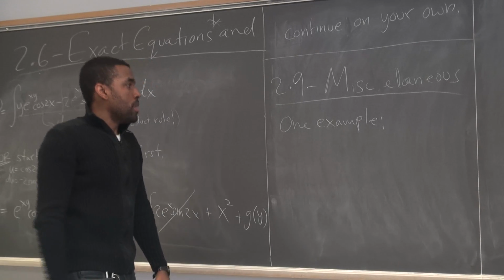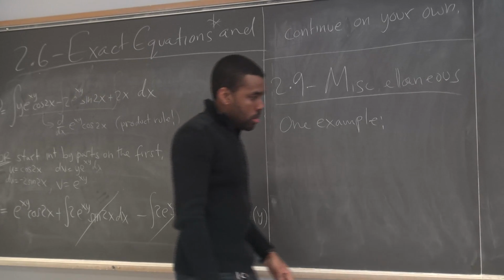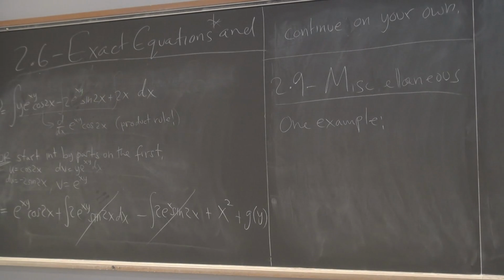Okay. I'll only do one example here because we'll actually come back to this sort of example. It's basically reduction of order, which we'll do in a more general context somewhere later.